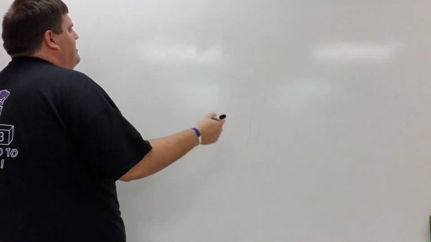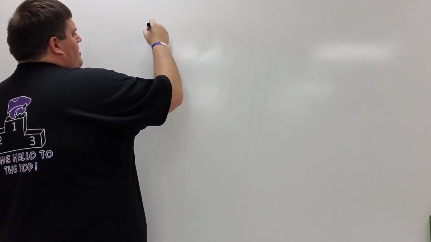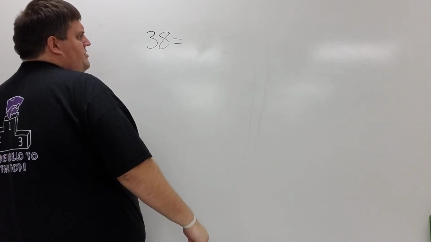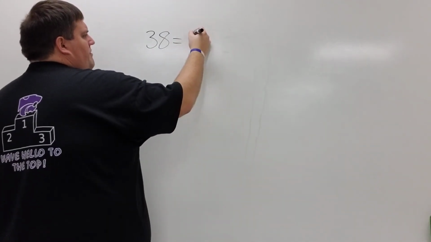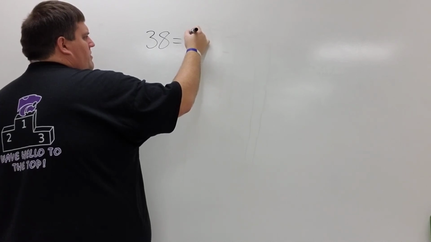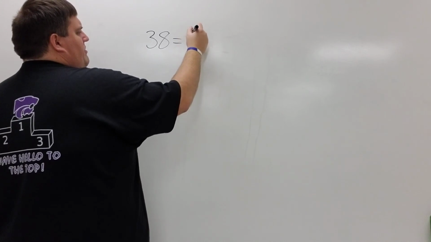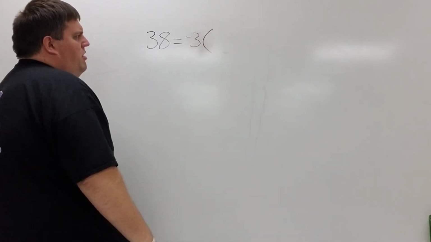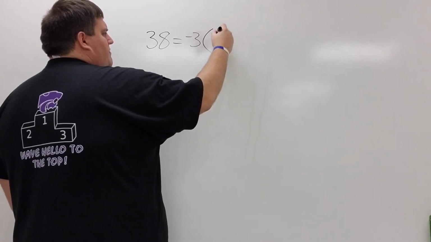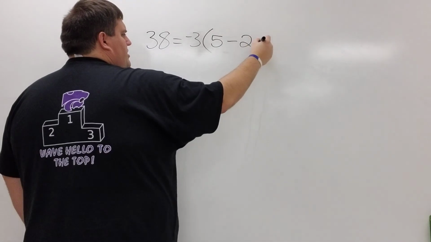So let's say we had something like 38 equals negative 3 times the quantity, 5 minus 2x.